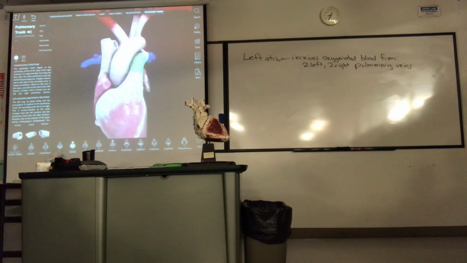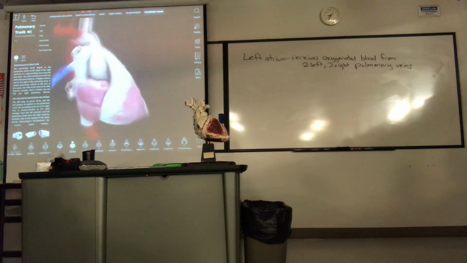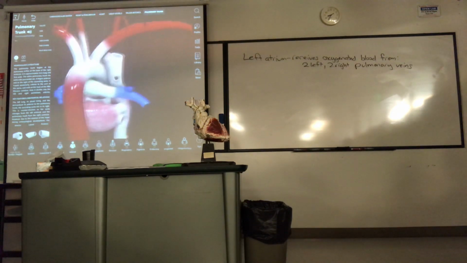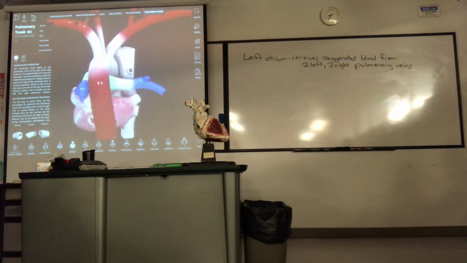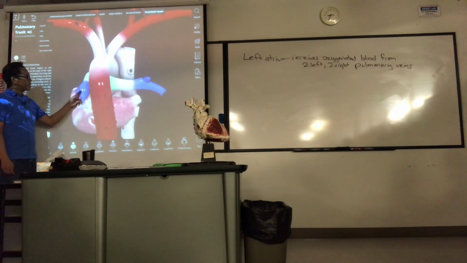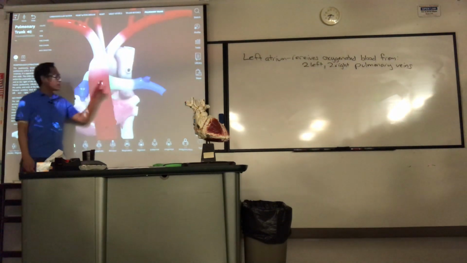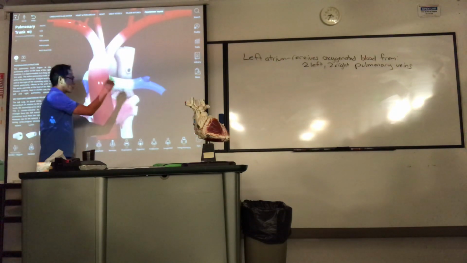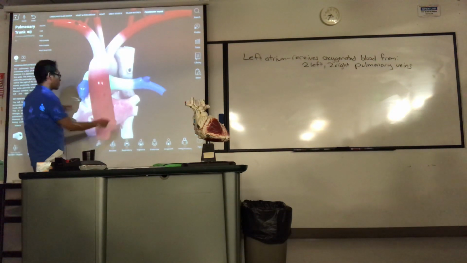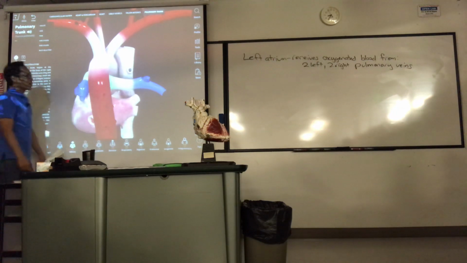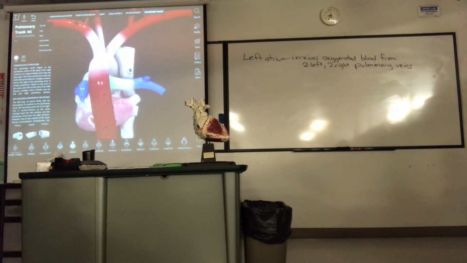It's kind of hard to see. So do you see you have 1 pulmonary trunk? Now branching off of that, if I go to a posterior view, from the 1 pulmonary trunk, you have a pulmonary artery going to each lung. Okay, so you have 2 pulmonary arteries branching off 1 pulmonary trunk to go to each lung to get oxygen.